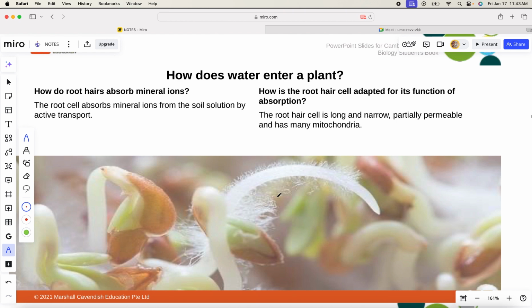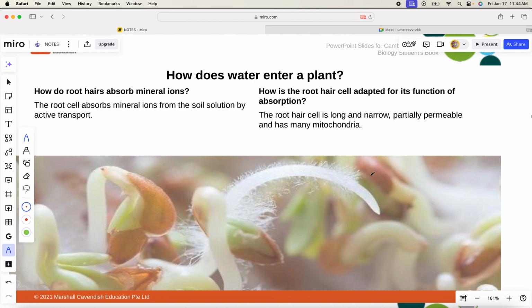Now, before then, let's take a look at how water enters the plant in the soil. How do root hairs absorb mineral ions? Not only water. The root hair cells absorb mineral ions from the soil solution by active transport, because the concentration of mineral ions in the soil is not as high as the concentration already in the plant.